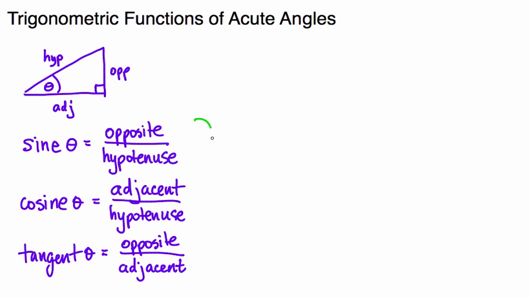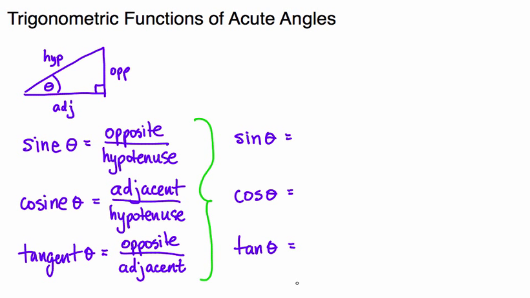Now there's shortcuts for all of these, and the shortcuts are really good to know because they also appear on your calculator. At least those signs or symbols do. Sine, cosine, and tangent. Sine, cos, and tan. And those are equal to opposite over hypotenuse, and adjacent over hypotenuse, and opposite over adjacent.